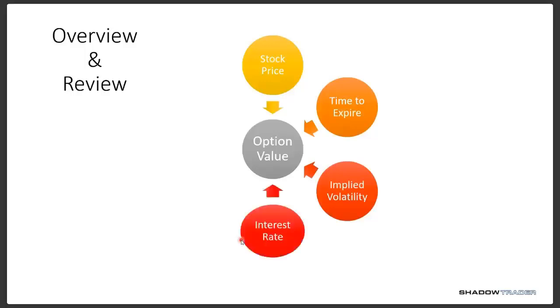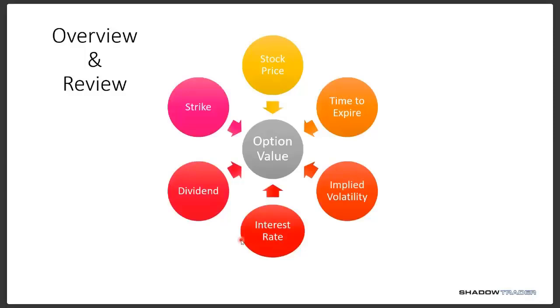Then we've got interest rates, which don't factor in a lot nowadays, but they could and they have in the past. We've got dividends that are a factor in the option price. And foremost with that option valuation is what rung on that ladder are you, or what strike on that option chain are you looking at?